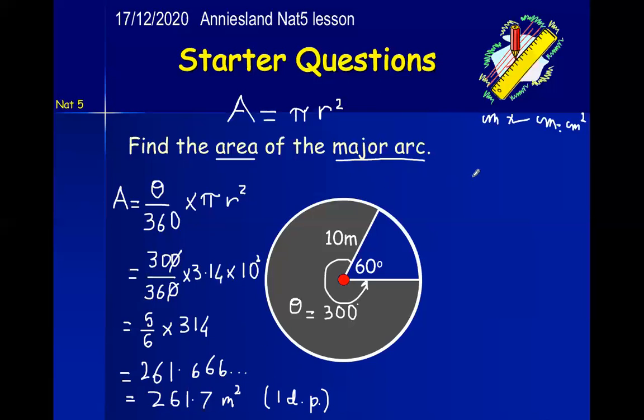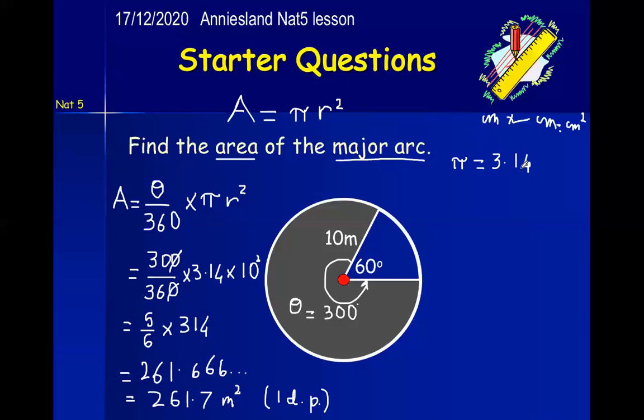That is if they told us to use pi equals 3.14, obviously. If they didn't ask us to use pi as 3.14, you can decide you're going to use pi equals 3.14, or you can just use the pi on your calculator, which gives us this time 5 times shift pi times 100 divided by 6.